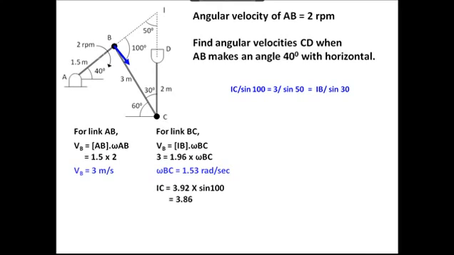Then distance IC is 3.92 into sine 100 from the sine rule, and therefore our VC, see, we are looking at link BC, so we are using omega BC all the while, and it is IC into omega BC, that is 3.86 into 1.53.